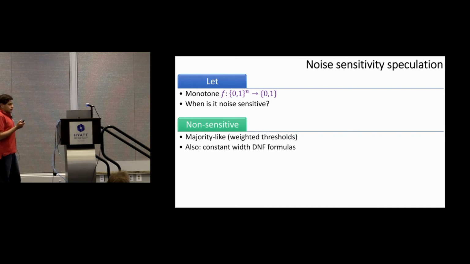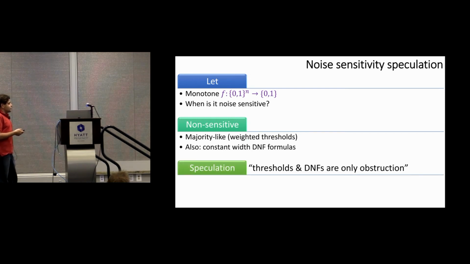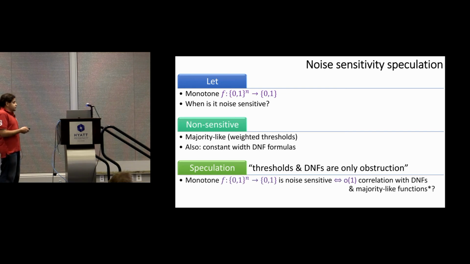As before, there are two suspects for being non-sensitive. These are majorities and constant width DNF formulas, and anything that is correlated with them you can also show is not sensitive. So this is the very natural speculation that essentially these are the only obstacles to being sensitive. Meaning, if you are not correlated with majority-like functions and constant width DNFs, then you are sensitive.